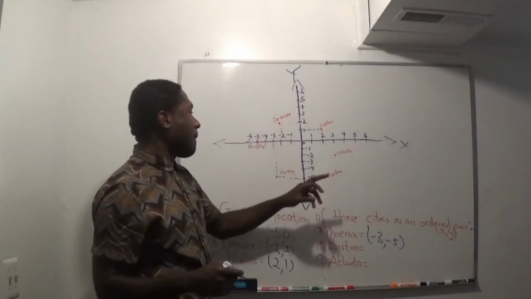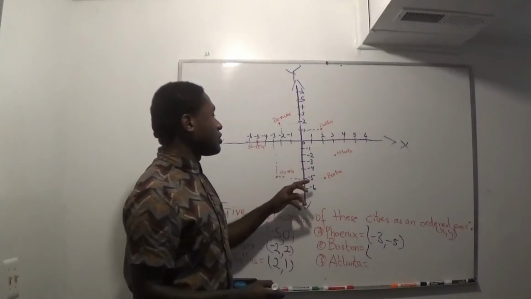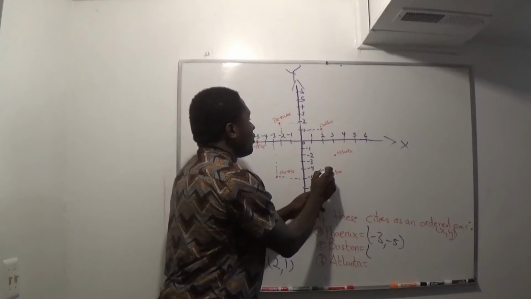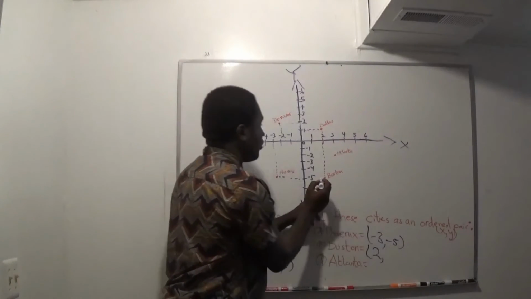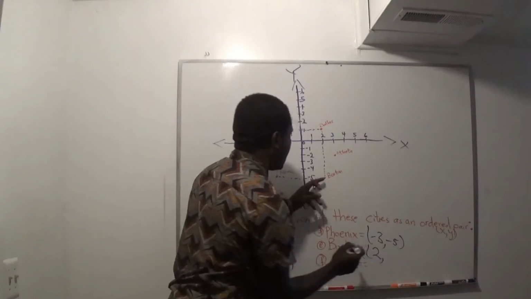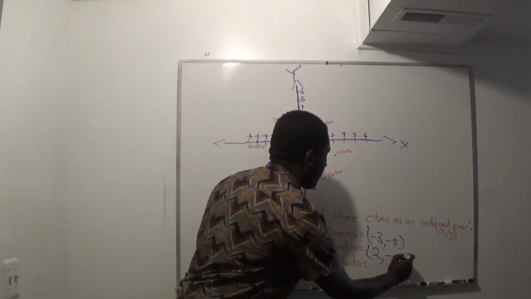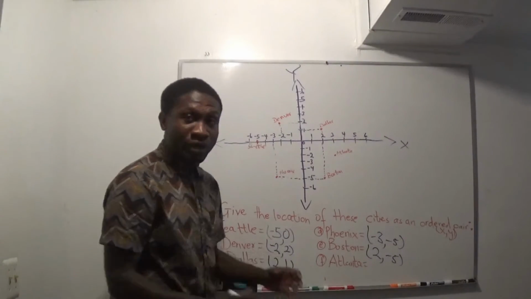What about Boston? Boston, again, you always start with the X, right? So for Boston, your X is +2, and your Y is -5. So this point is (2, -5). Let's do the last one. Alright, so you can really get this, okay?